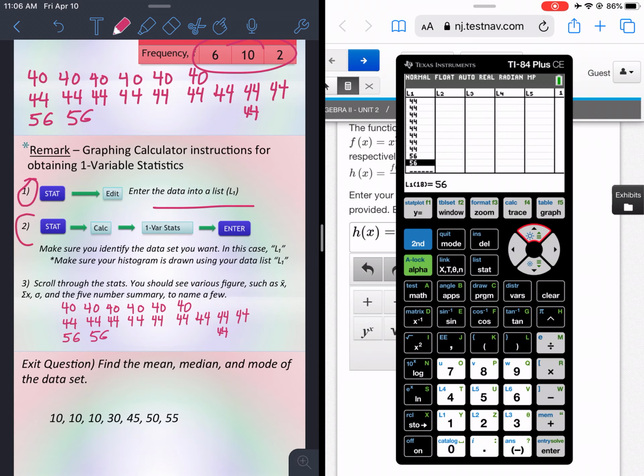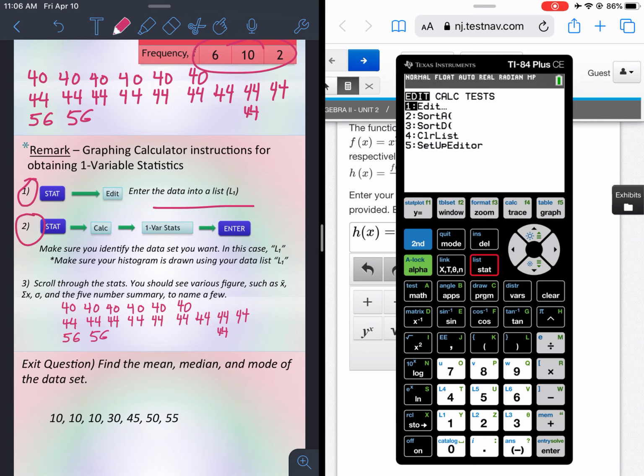Number 2, let's press Stat, but scroll to the right to the Calc menu, and the very first one says 1-Var Stats. That's going to stand for 1 variable stats, and we're going to press Enter on that. We're going to make sure our data is under L1, which it is, and we'll press Calculate.